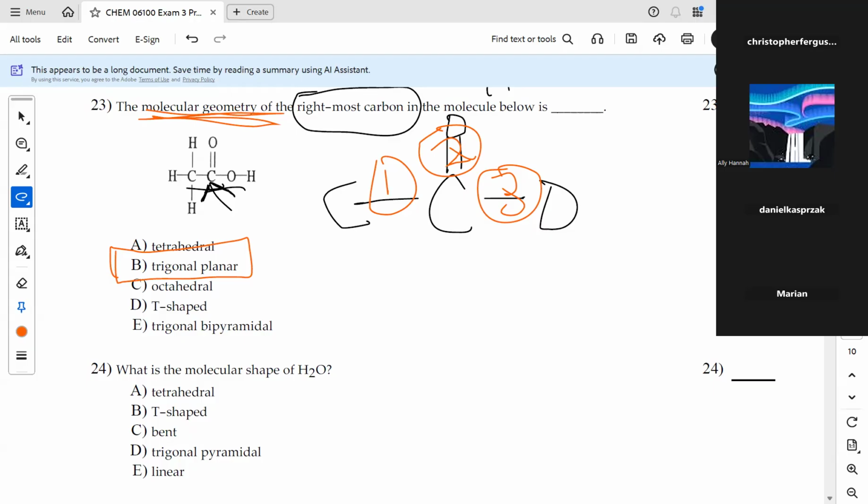The speed of light, just to be safe, I would know the speed of light. 3 times 10 to the positive 8, rather. Yeah. Planck's constant, I think you're safe with not memorizing.